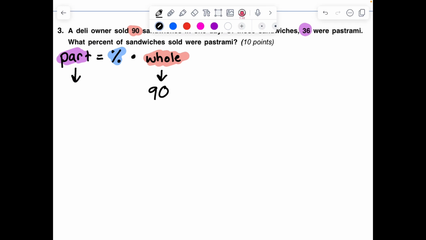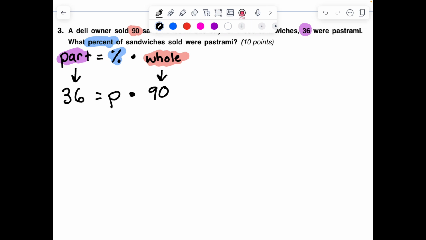The 90 is the total amount of sandwiches, and 36 were pastrami, so our part is 36. So we are solving for percent again. And look, we even asked what percent of sandwiches sold were pastrami. Cool? Awesome. So we have our equation: 36, we put an equal sign, and then our percent, we can use P if you want, and then times 90.